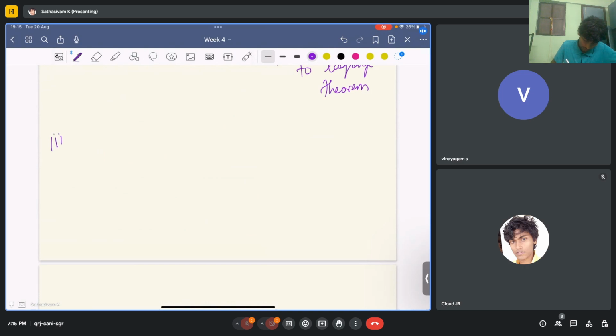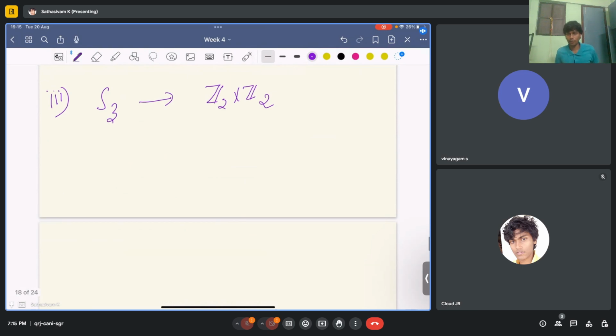The third problem is S3 to Z2 cross Z2. This is a little more interesting, and you still have to do a little more work. It is a little more complicated than Z6, but not very hard anyway.